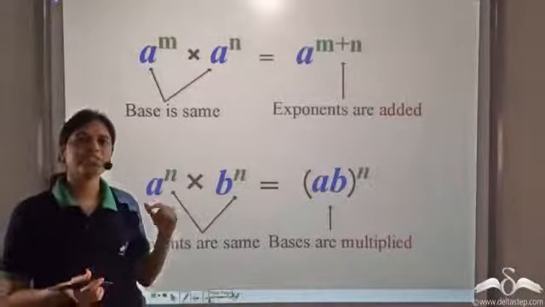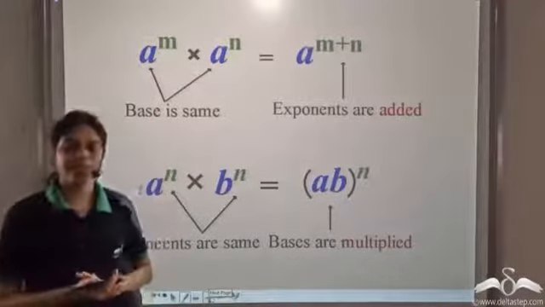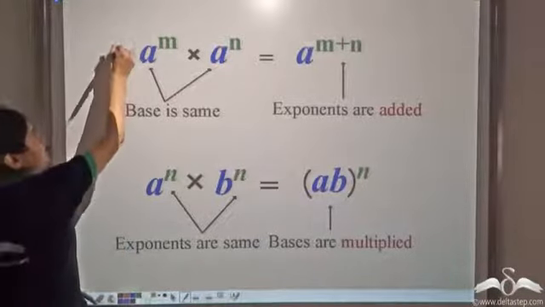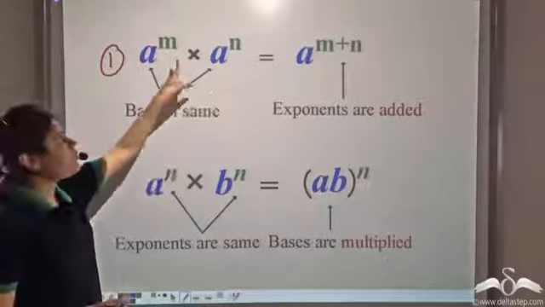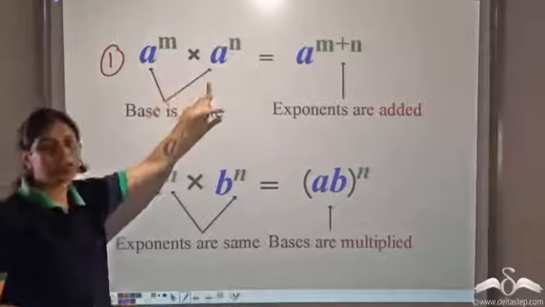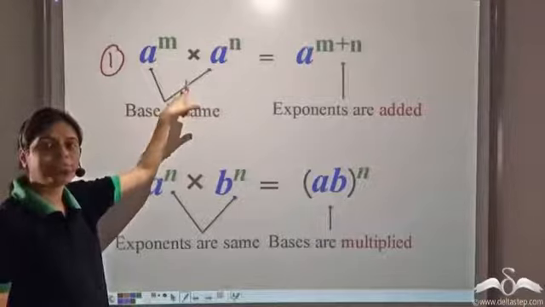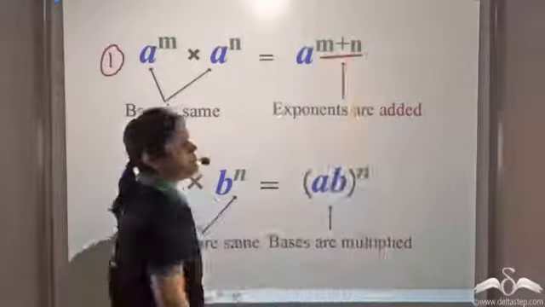So now let us see what we have learned. When two exponential numbers are multiplied, there are two special cases. First is that base is the same and exponents may or may not be different, but bases are same. So if two exponential numbers are multiplied with the same base, then the exponents are added.